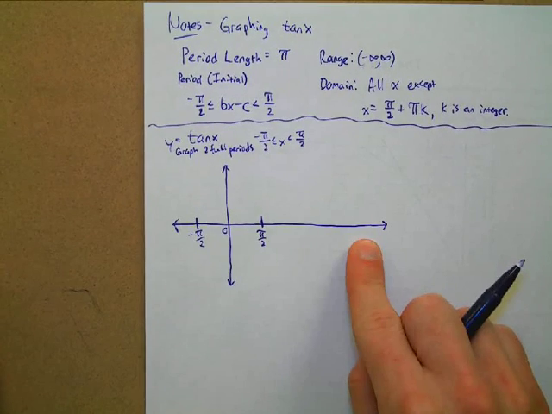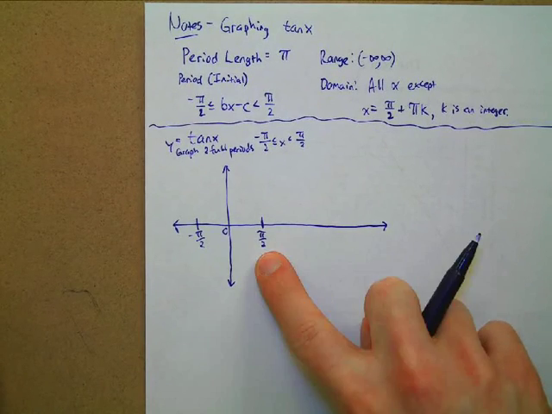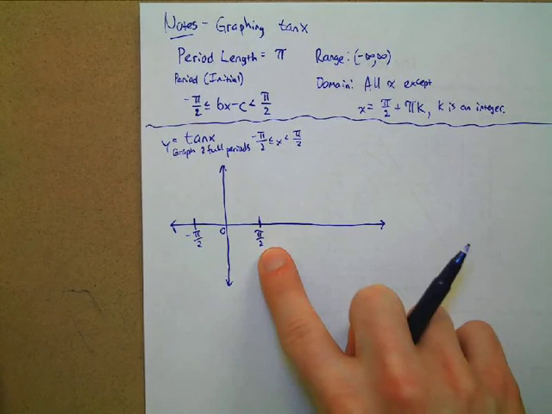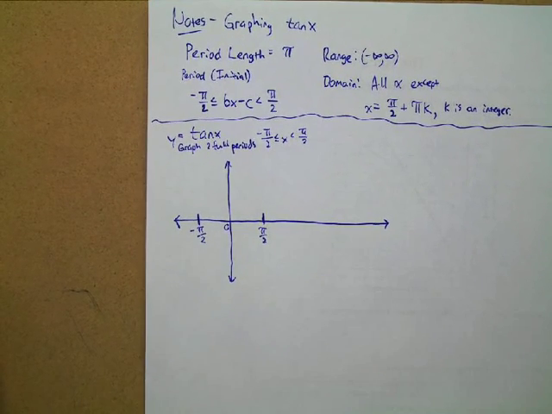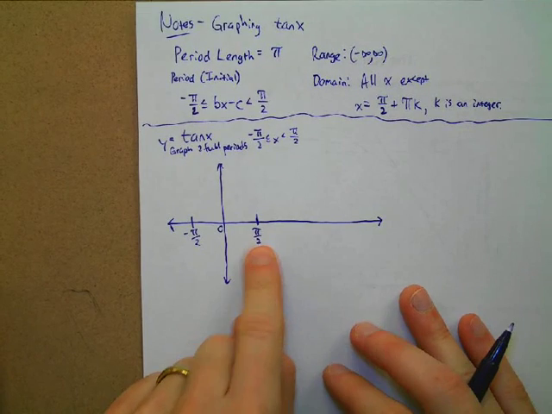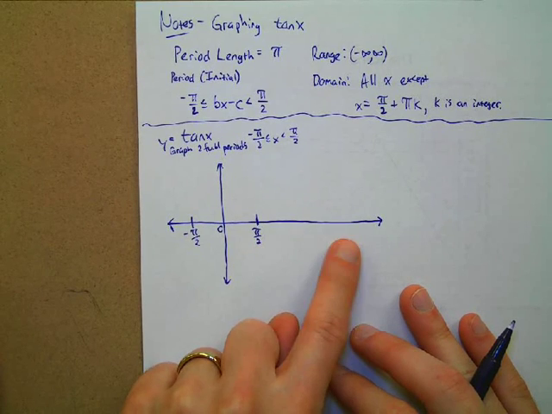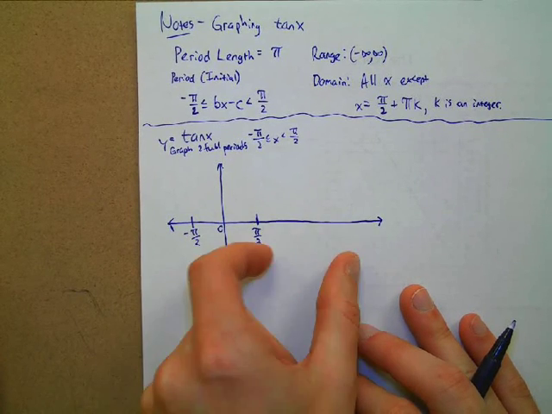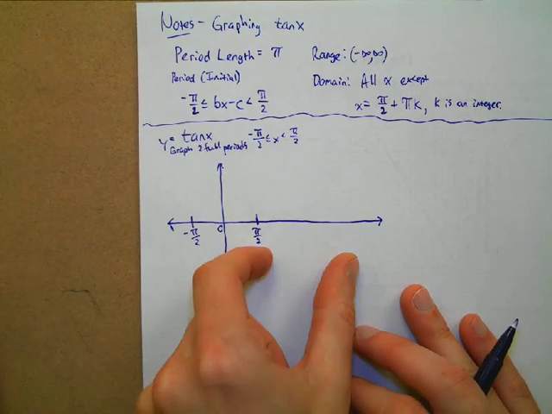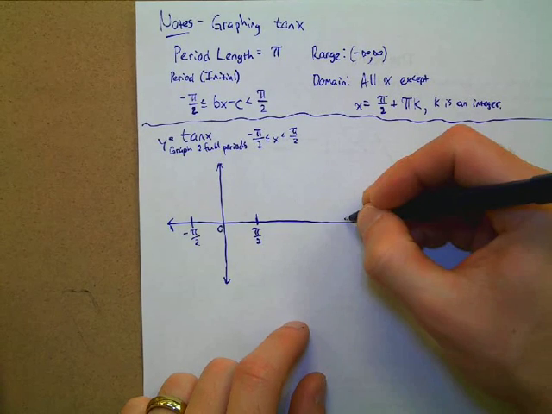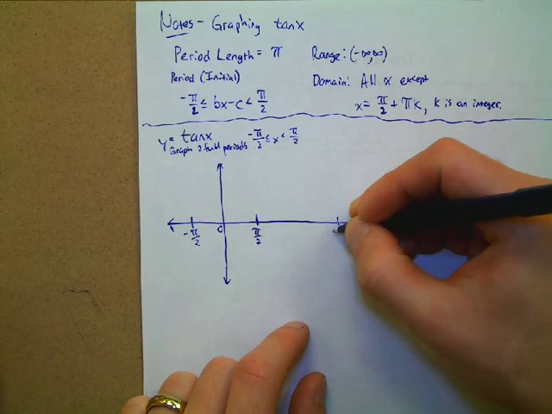But since we're starting at pi over 2, I want to go pi out from pi over 2. So where will I end up? 3 pi over 2, exactly right. The length needs to be pi, but to get out to that, I need to end that second period at 3 pi over 2. So there's our first full period, it's a length of pi, and then there's our second full period, also a length of pi.